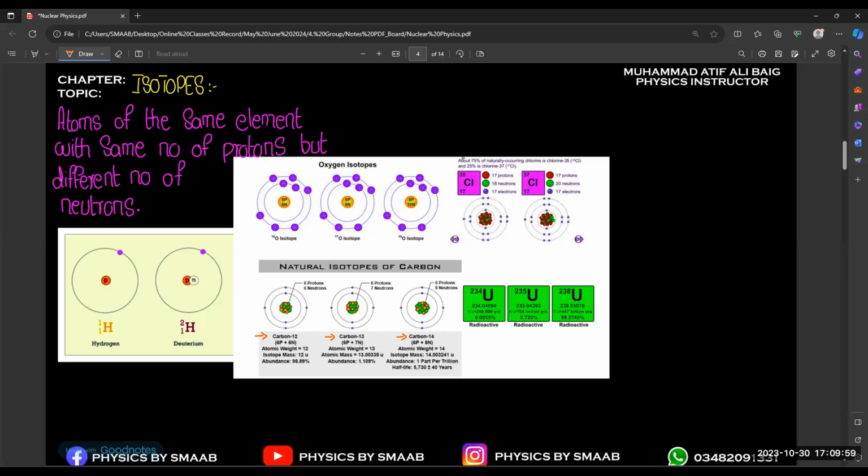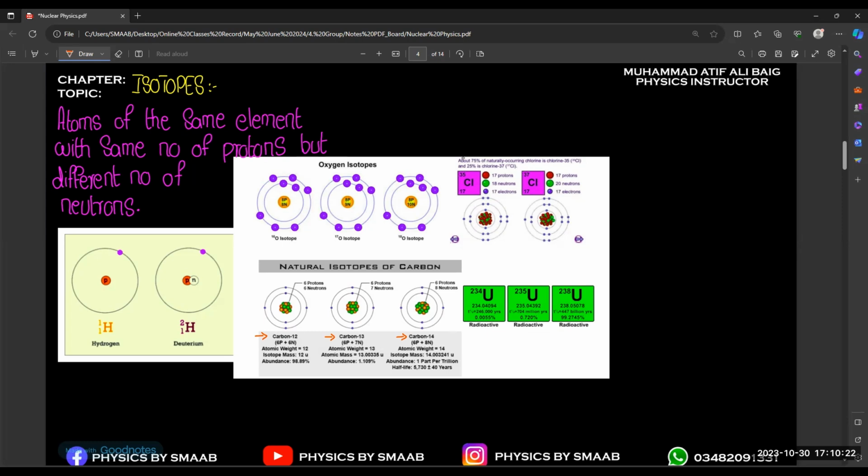Sir, I have a question. Yes. Do isotopes have to be naturally occurring in nature, or can we create them ourselves? Good question. Basically most of them are naturally available, just like if we consider the example of oxygen, carbon and uranium.